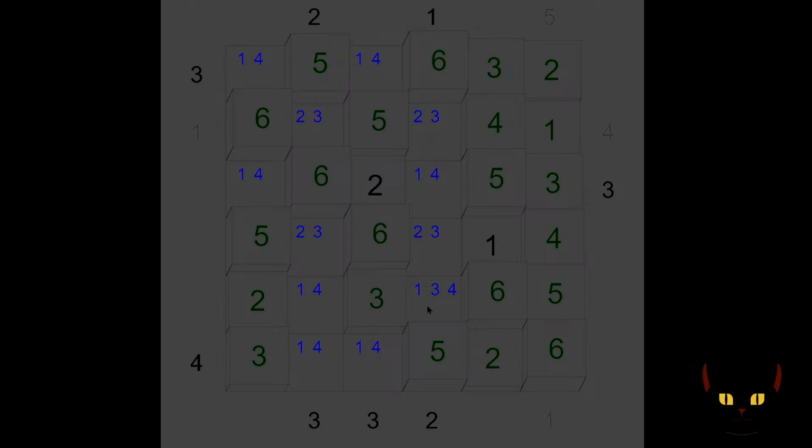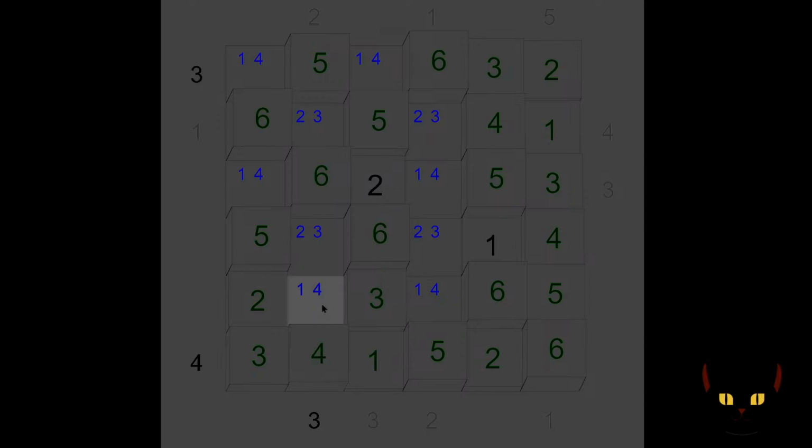Let's go place 3. 1, 2, 3, 2, 3, 2, 4, 4. So let's see. Now we need one of these side clues. One's used up. This one's used up. So this has to be less than 3.